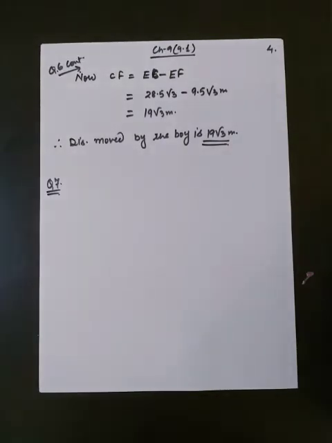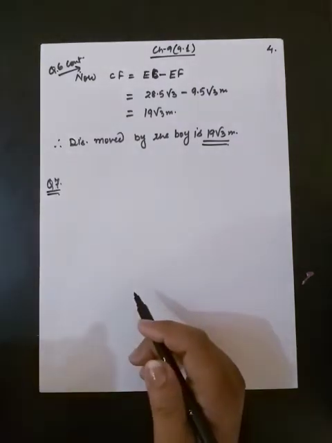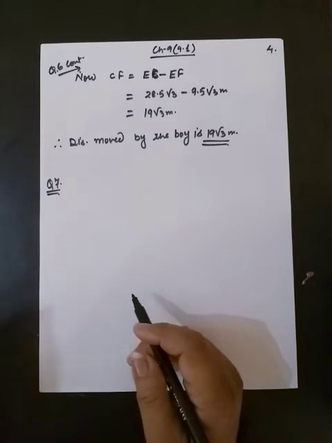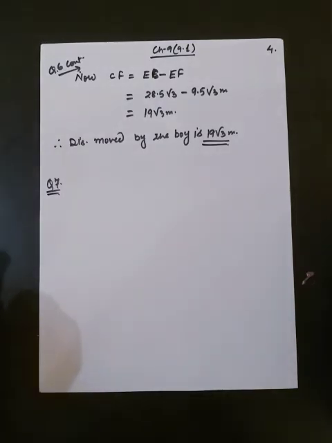Question number 7. From a point on the ground, the angle of elevation of the bottom and top of a transmission tower fixed at the top of a 20-meter high building are 45 degree and 60 degree respectively. Find the height of the tower. So here a transmission tower is fixed at the top of a building.